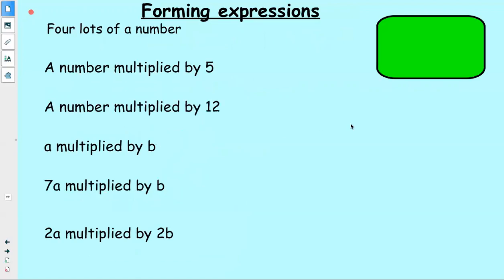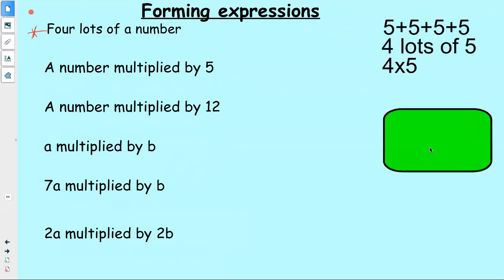Okay, just more examples. This first one here, 4 lots of a number. What does that mean? If I give you the example, I've got here 4 lots of 5. 4 lots of something means to multiply, but multiplying is just repeated addition. So if I take my 5, add my 5, add my 5, add my 5, it's the same as 4 lots of 5, which is the same as 4 multiplied by 5.